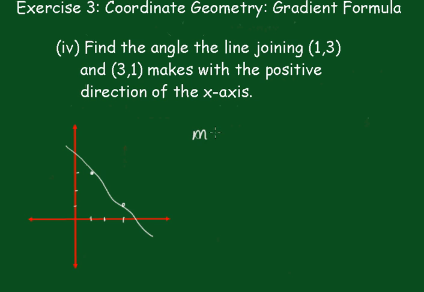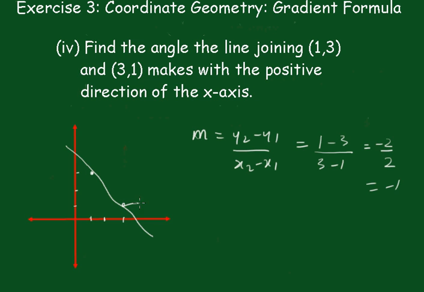Okay, formula m equals y2 minus y1 over x2 minus x1. So I'm going to start off with this one. So 1 take away 3 over 3 take away 1. Of course, 1 take away 3 is negative 2. That's going to give me 2, so that's negative 1.